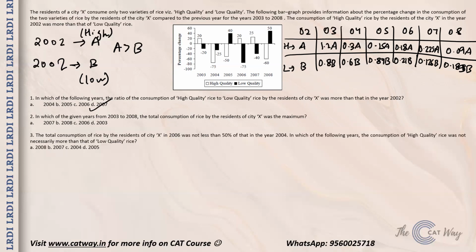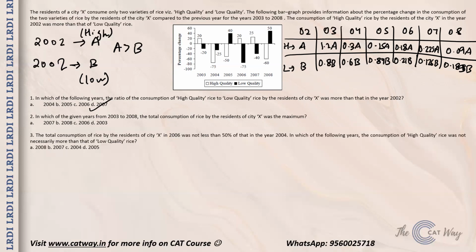Coming to question number 2. In which of the given years from 2003 to 2008 was the total consumption of rice by the residents of city X maximum? Now guys, what we know is that A and B are positive quantities, right?